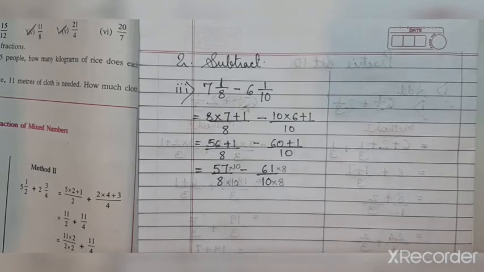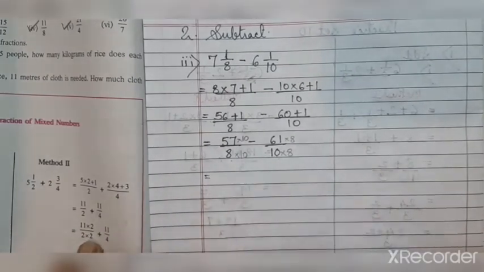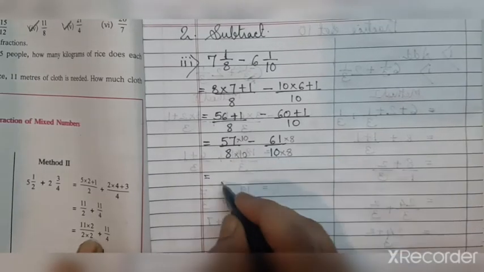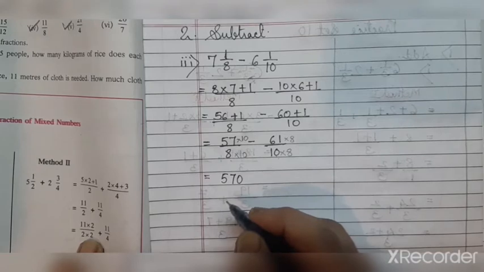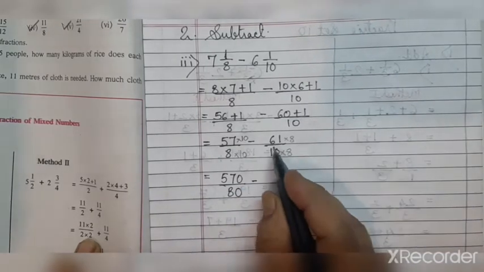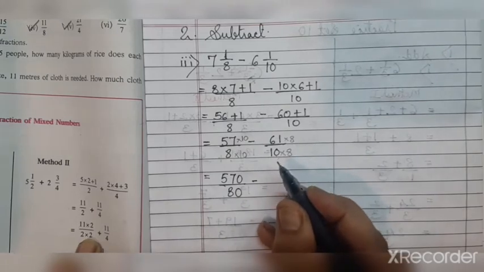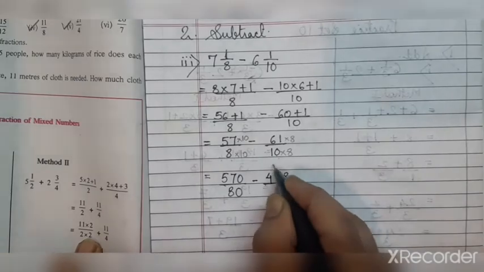Okay. So now we just have to multiply. 57 tens are 570, upon 8 tens are 80. 61 multiplied by 8 is 488, upon 10 eights are 80.